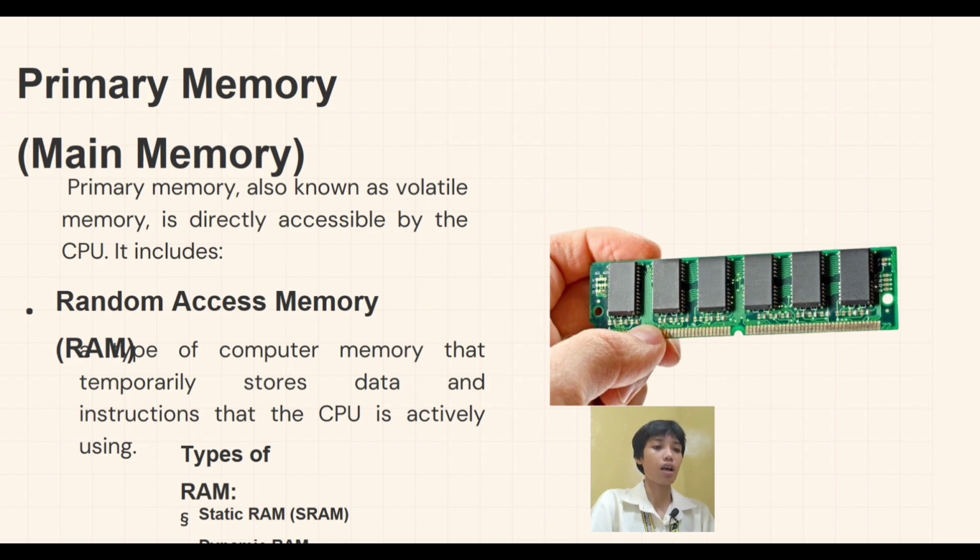It is directly accessible by the CPU. This includes the RAM, or random access memory. It's a type of computer memory that temporarily stores data and instructions that the CPU is actively using. There are two types of RAM, the static RAM and the dynamic RAM.